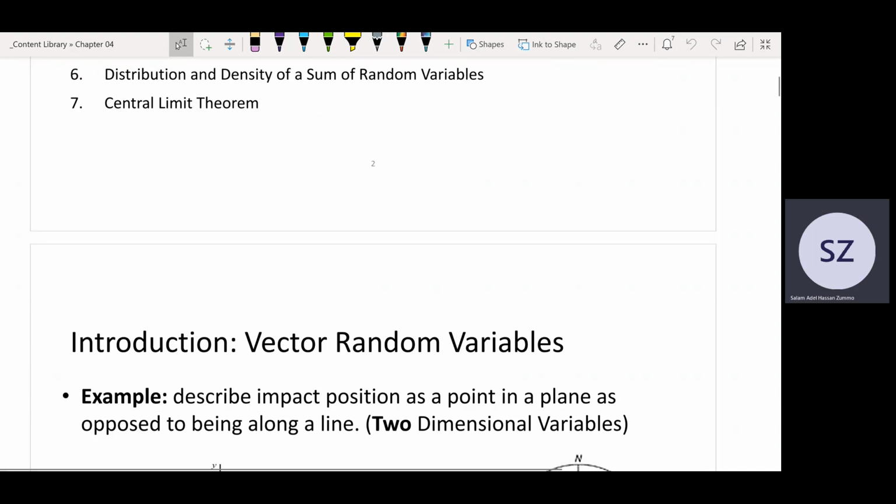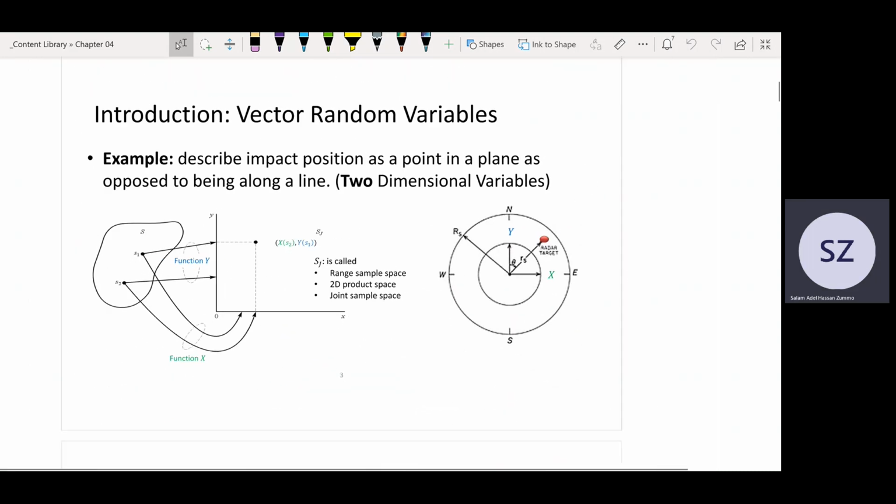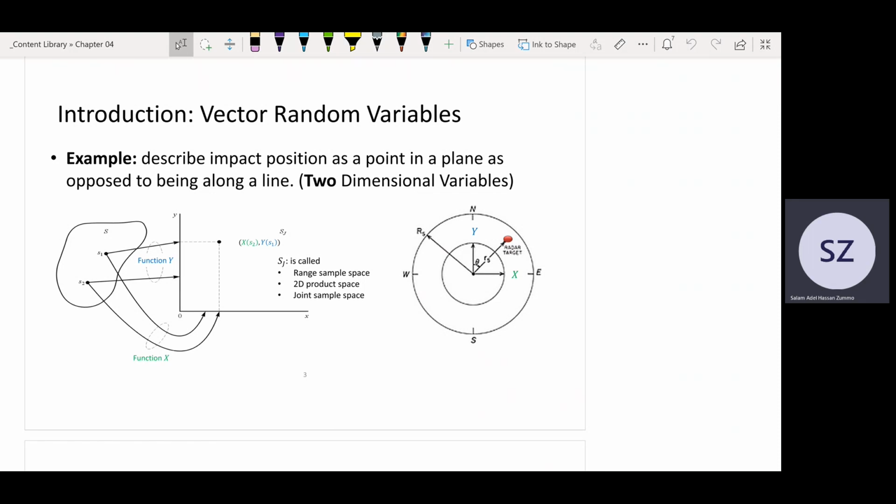We'll start with the definition, why we need these two random variables. So, as I mentioned in the class, in many cases you need to describe certain phenomena by more than one variable. For example, the weather doesn't only depend on the temperature, it also depends on the pressure.